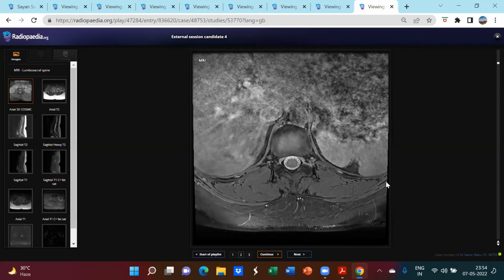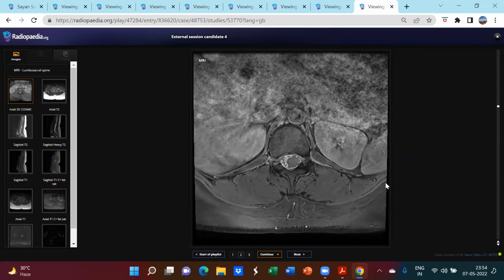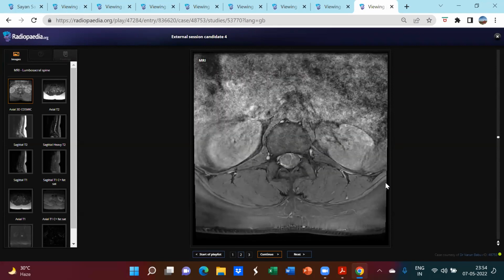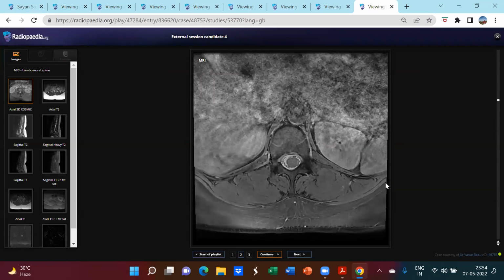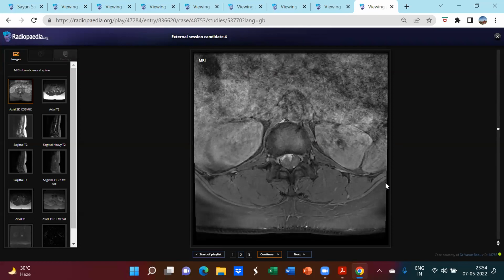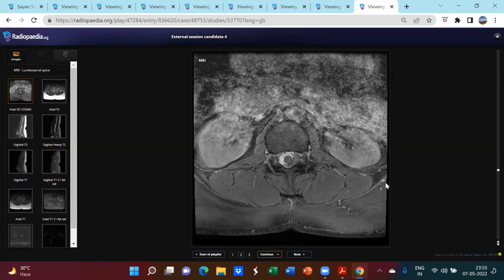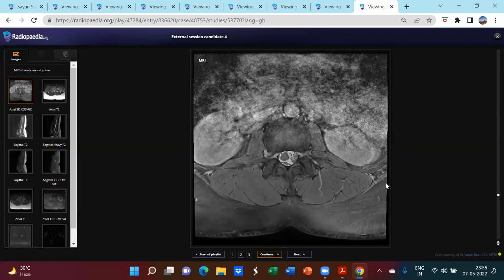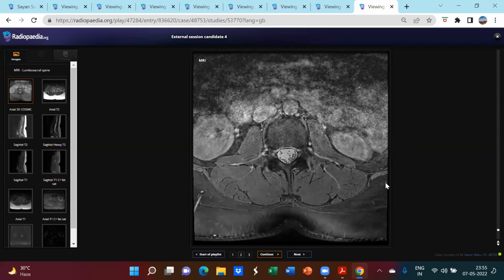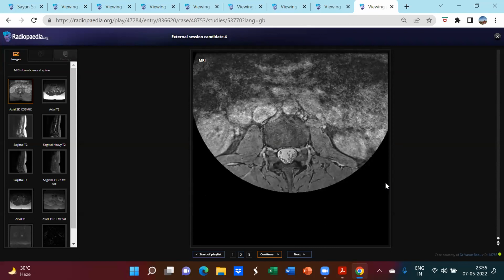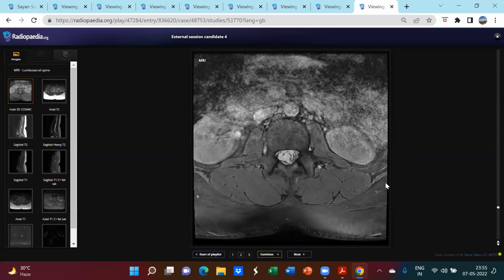So I'm scrolling through these images, which are fat saturated T2 images, and I can see that the spinal cord suddenly appears to be splitting into two, and then it caudally deviates towards the right, and then further caudally I can see a few nerve roots that are pushed towards the periphery.